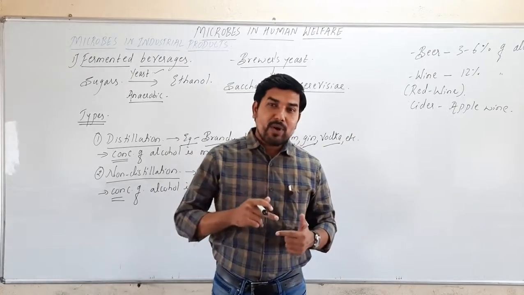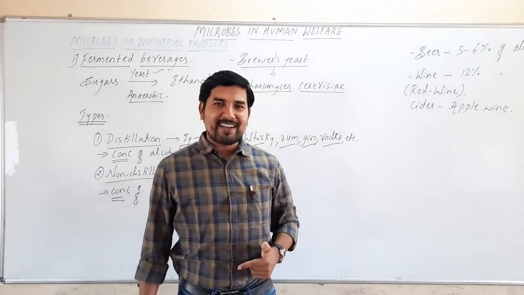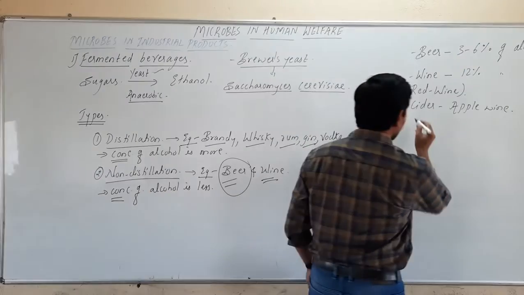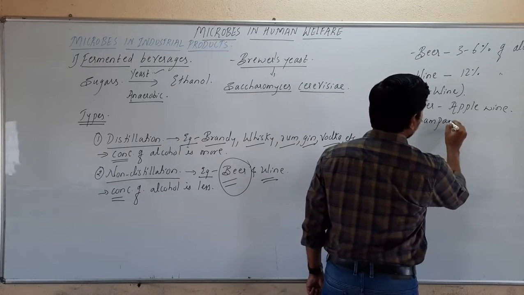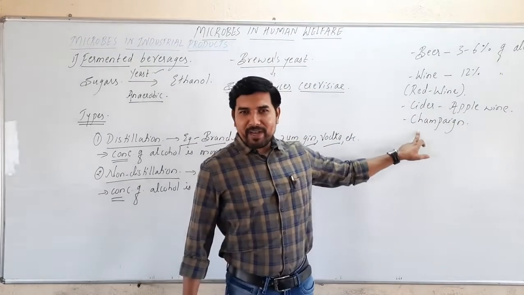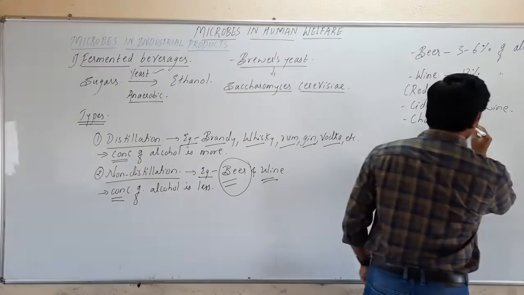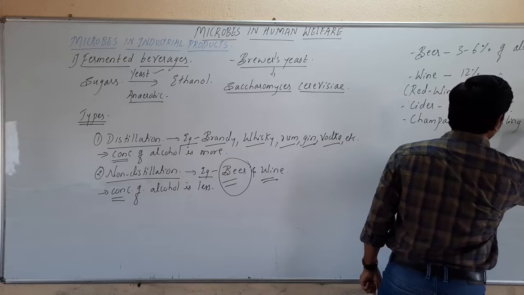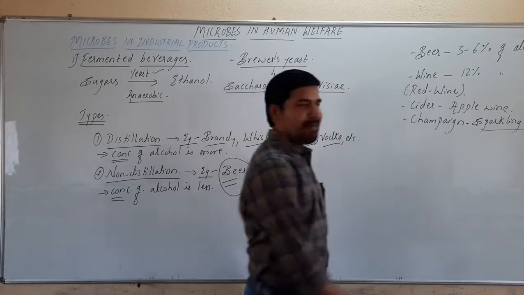And there is one wine called sparkling wine, which is used in victory ceremonies, and it is called champagne. This champagne is used as a sparkling wine in victory ceremonies.